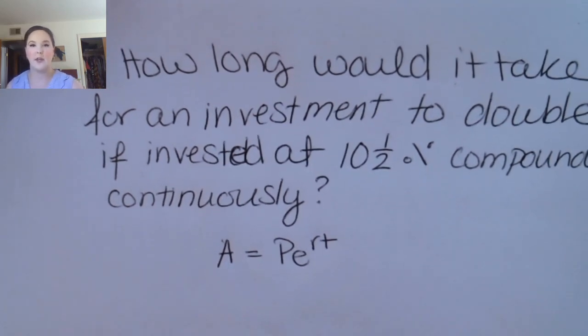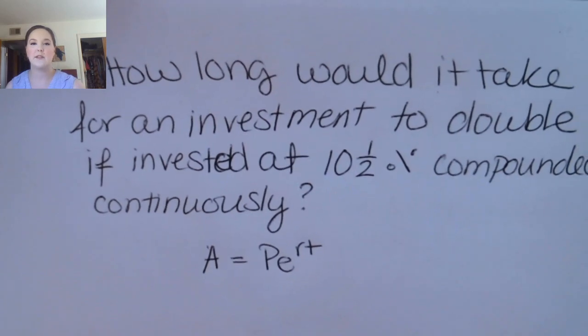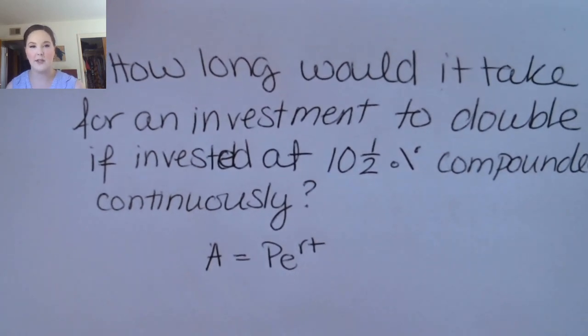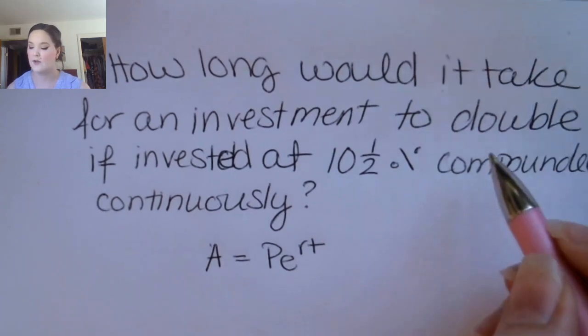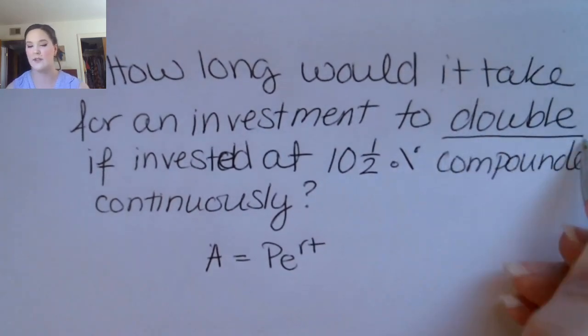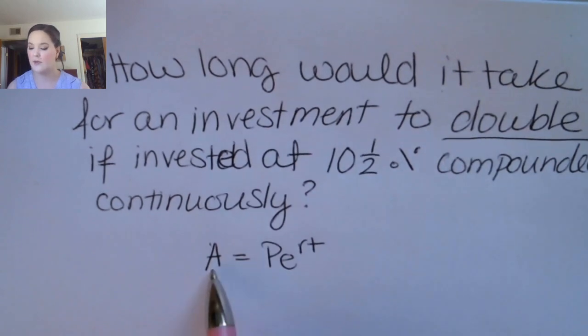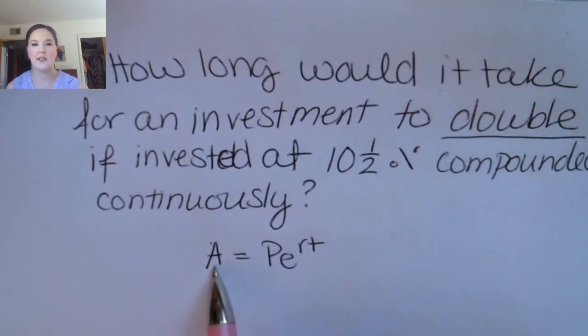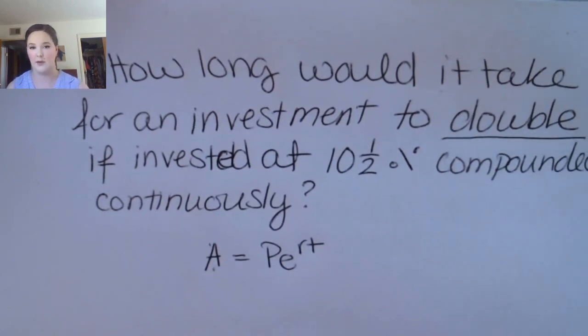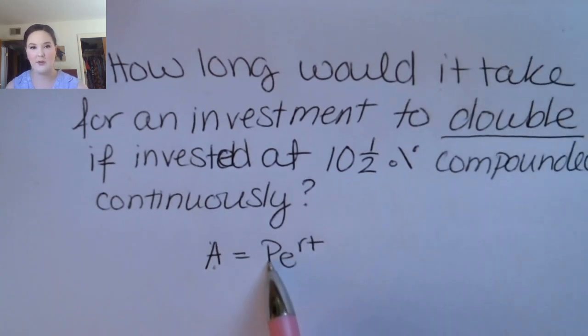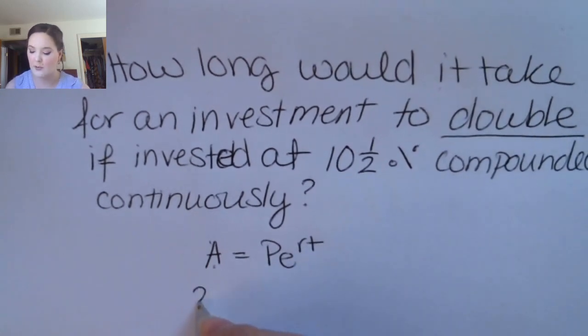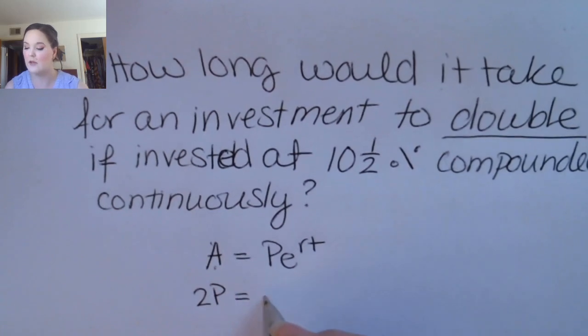Okay, so here, it doesn't say what the initial investment is, and it actually doesn't say what the new value is either. Okay, so our only clue is that we want it to double. Okay, so we know that this number is double the original number. Okay, the original number is P, so our new number is double that, or 2P.